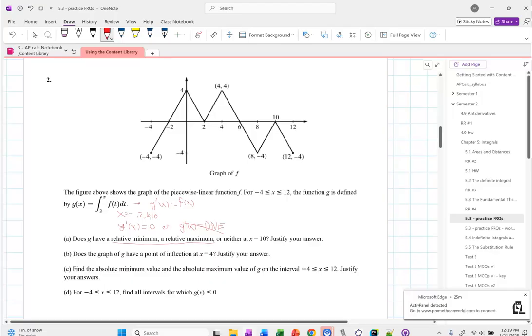Now, just because 10 is a critical point, does that guarantee that it's a maximum or minimum? No, right? What should we do to accompany our critical point? How do we check to see if it's either a maximum or a minimum or neither?